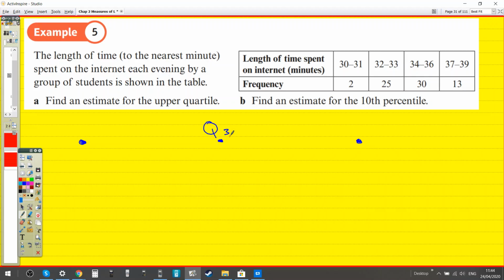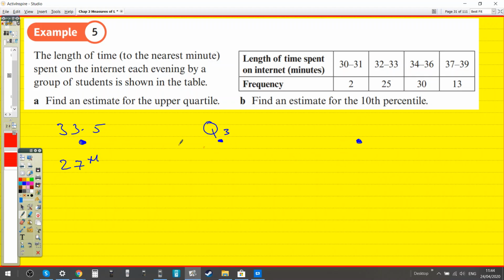was the middle one. So let's see. So this starts at 33.5. And that was the 27th student. So the 27th student, we're saying 33.5.